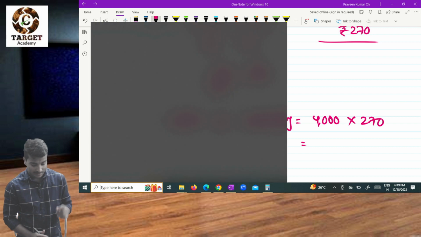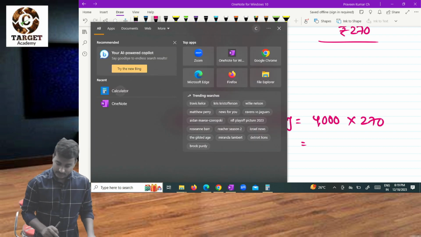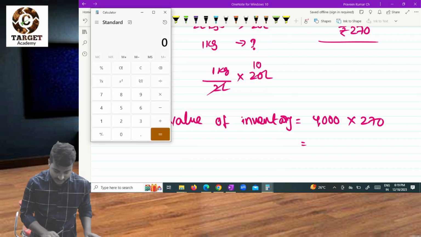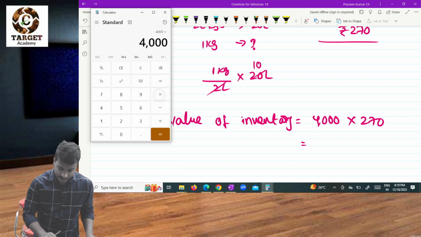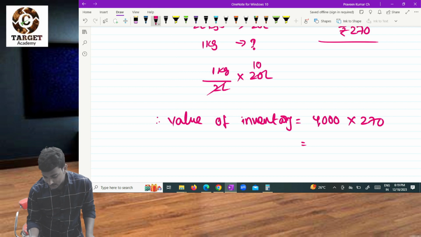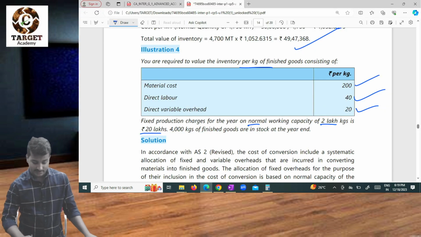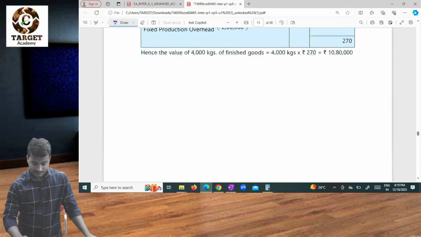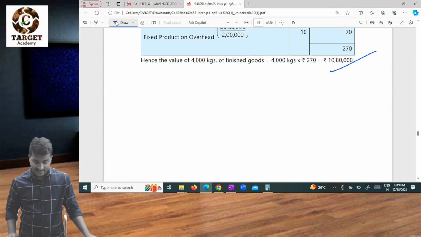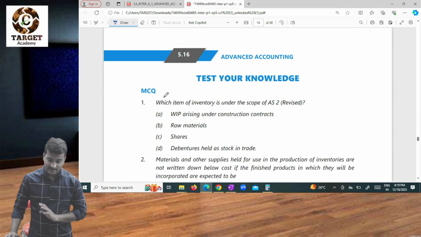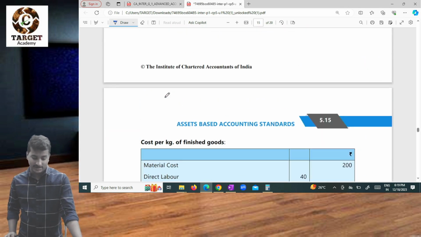From tomorrow onwards I will bring a calculator. 4000 into 270, 1080000. This is the answer. We can check it out. Yes, I think with this completed, everything is completed.